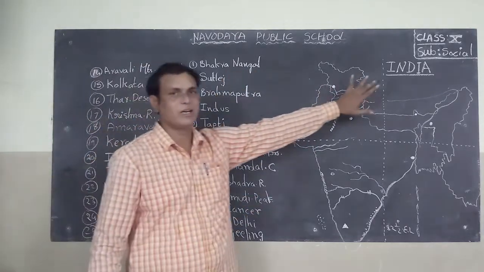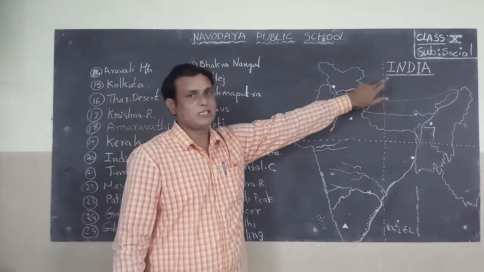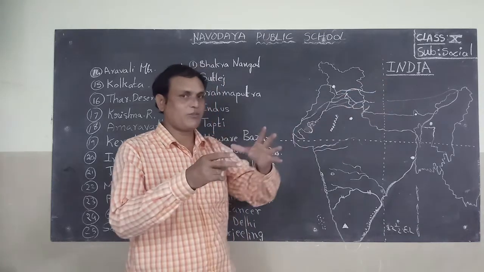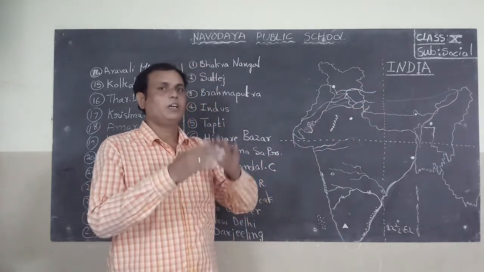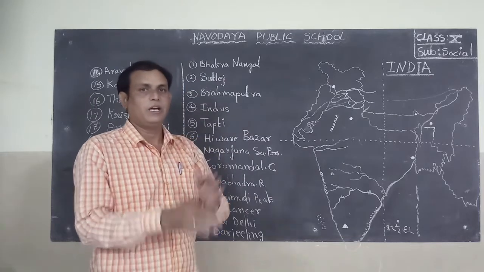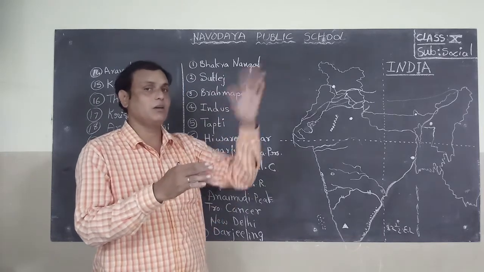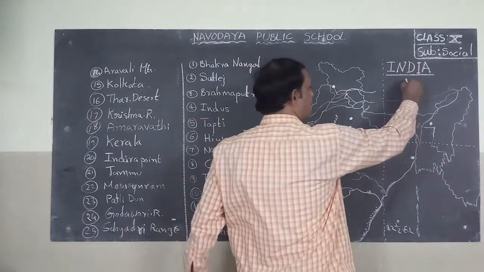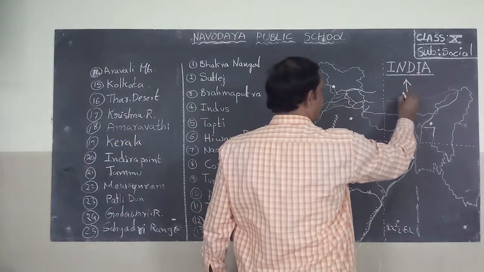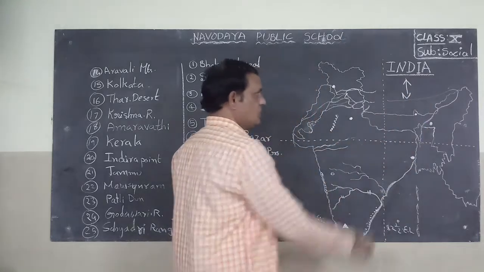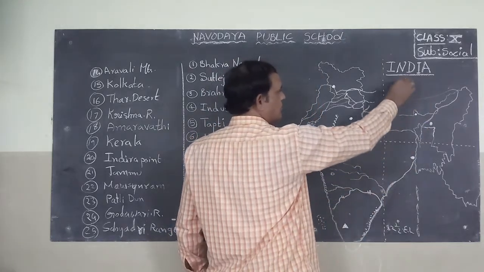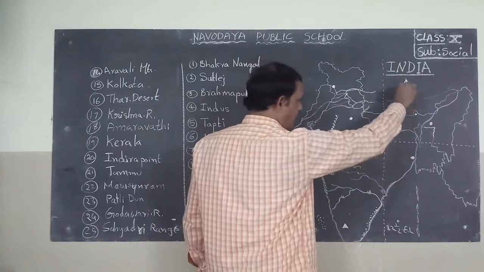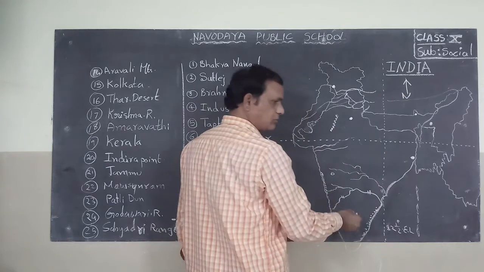We know this is our India. What is the location of India? The location of India is in the Asia continent, in the northern hemisphere. Look, students, this is north. The opposite of north is south.